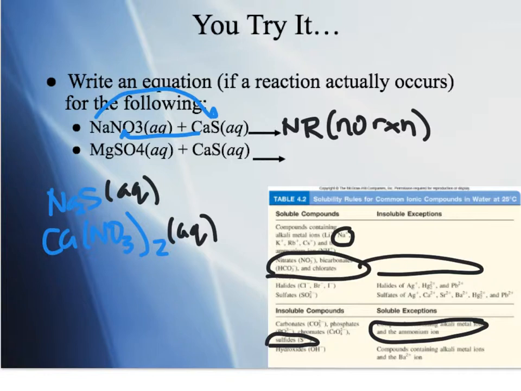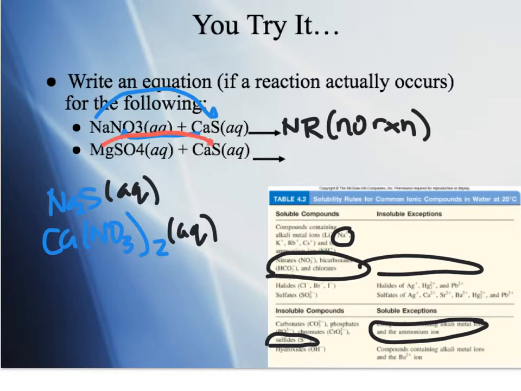Okay. All right, let's take a look at the second one, magnesium sulfate, hooking up with calcium sulfide. So let's take a look. First, these are two compounds, and so we're going to rearrange their partners.